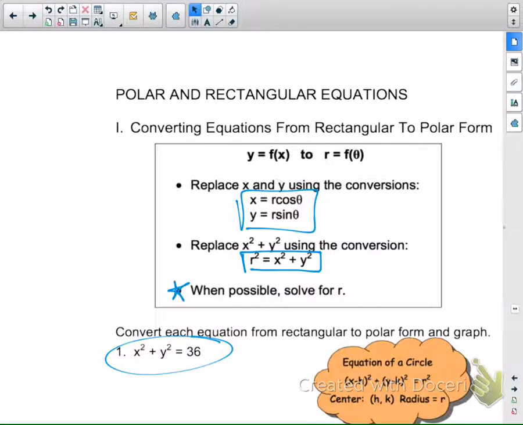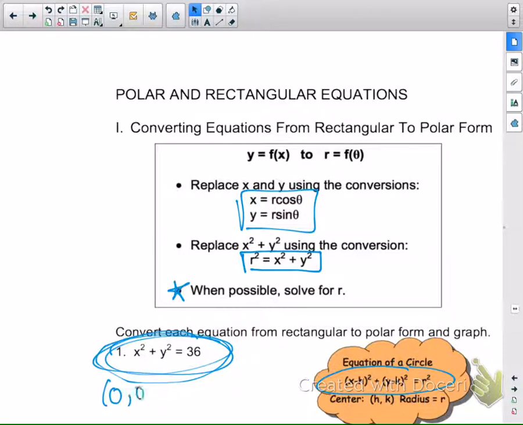Algebra 2. Remember, the equation of a circle looked like this, where h and k was your center, and your radius was r. So if I was to graph this equation, what would be the center of that circle? H and K. Right. Is there an h and k in there?